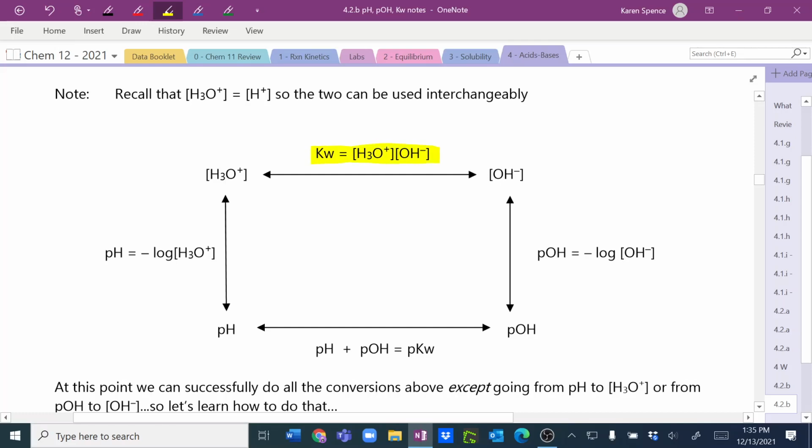Now, if we want to go from hydronium, remember that this is just the same as hydrogen, we'll use pH is the negative log of hydrogen. Sorry.